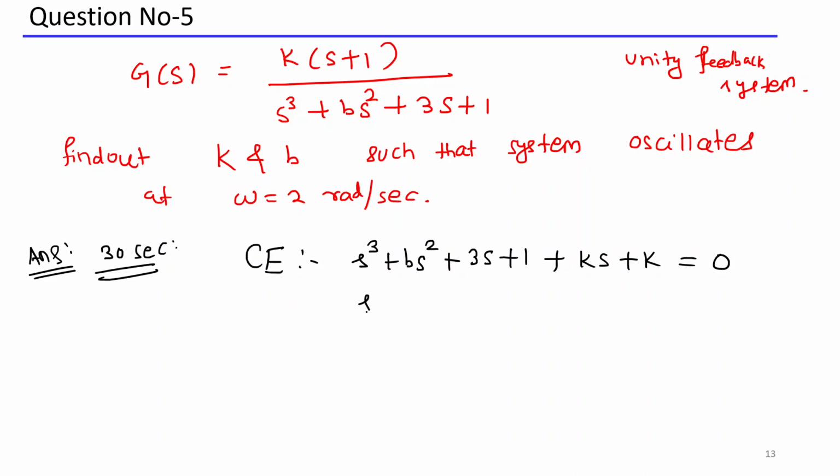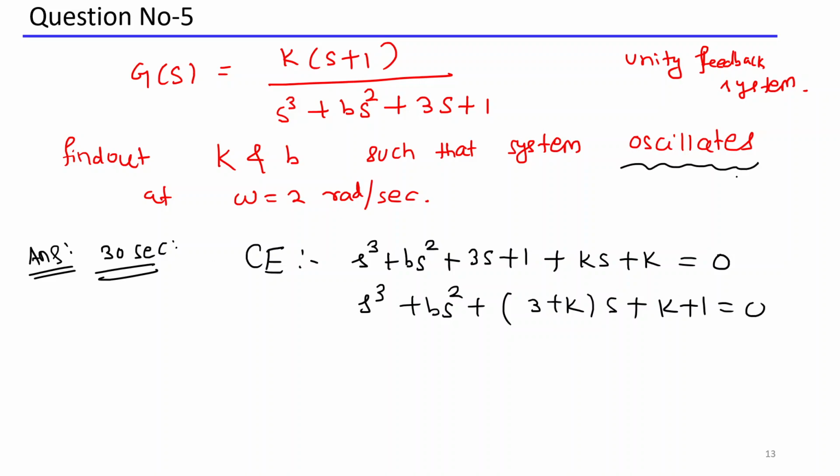Then simplify it. s cube plus bs square plus (3 plus k) into s plus (k plus 1) equal to 0. This is a third order system, and he's saying that the system oscillates. Oscillation at a constant frequency means the system is marginally stable. You have to infer from this line.